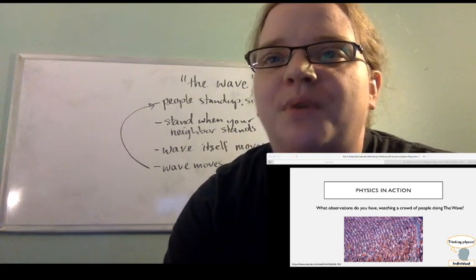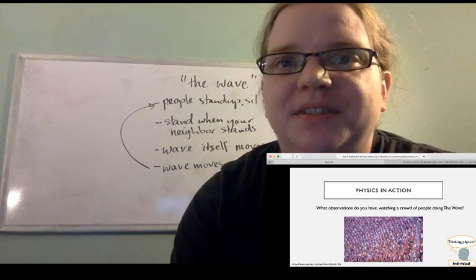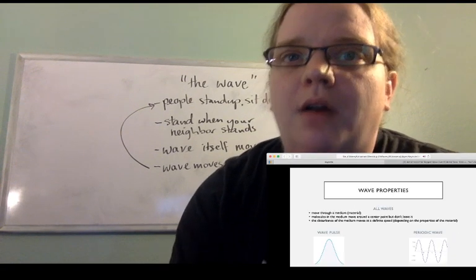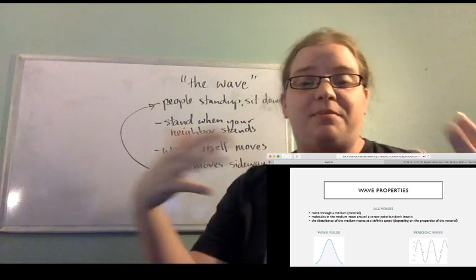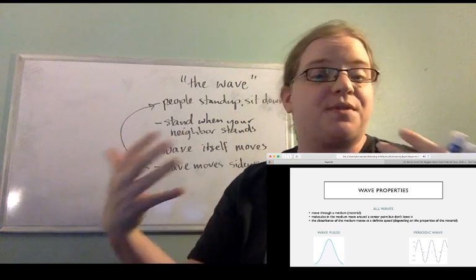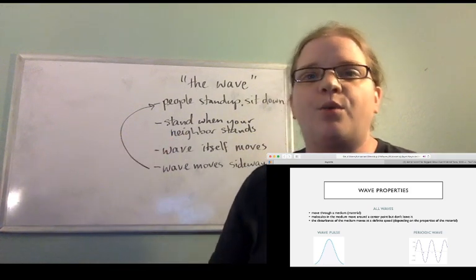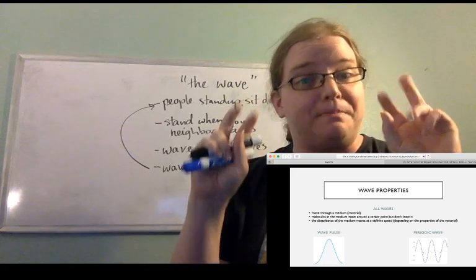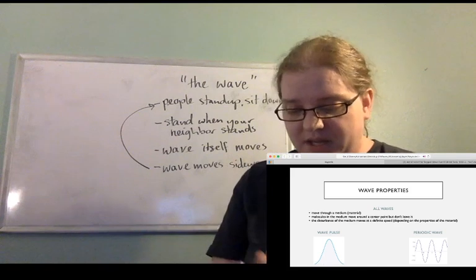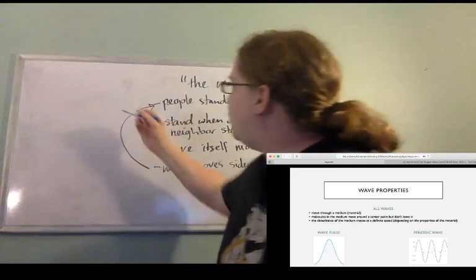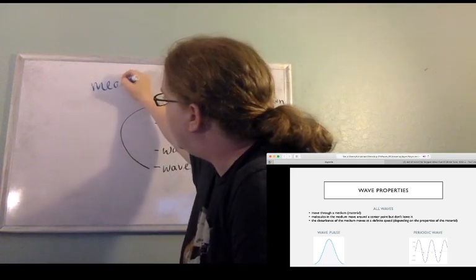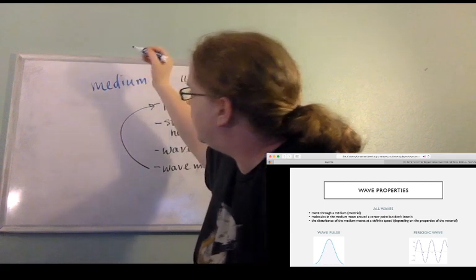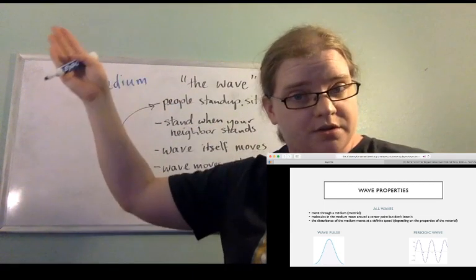So this was what we observe in this specific case. And what we're going to do is extrapolate that to properties for all waves. Okay, so one thing that is true of all waves is that they move through a medium. And medium here is kind of an old use of the word. It does not mean like small, medium, large.